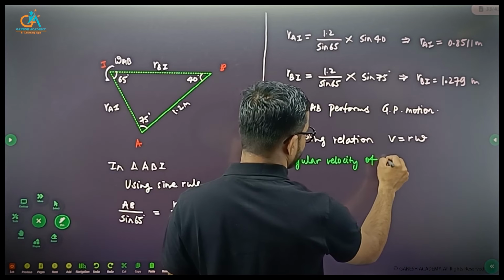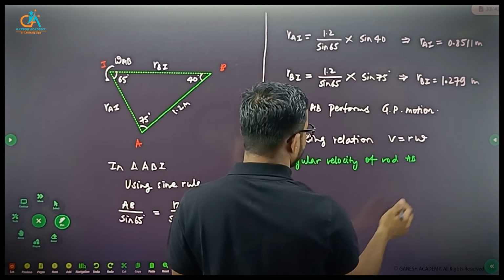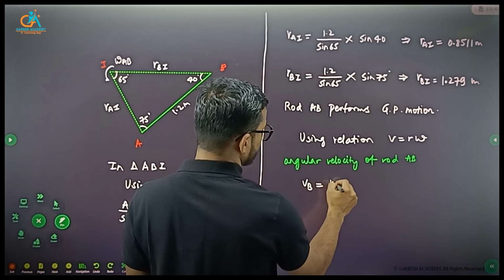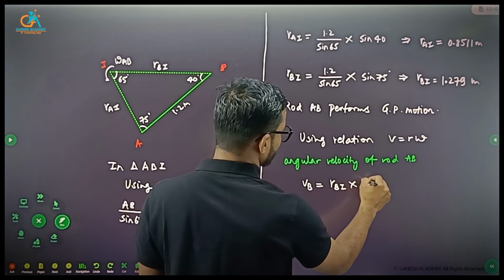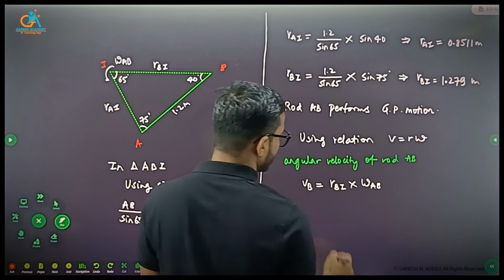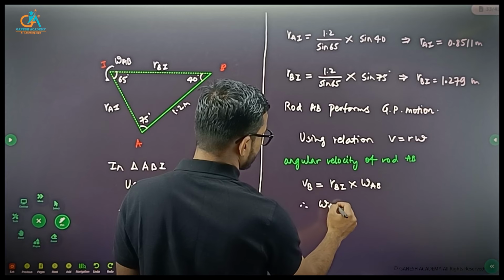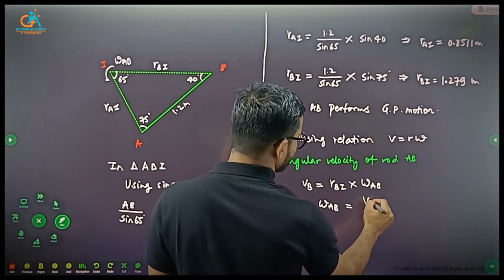So VB is equal to RBI into omega AB, and therefore omega AB is equal to what?